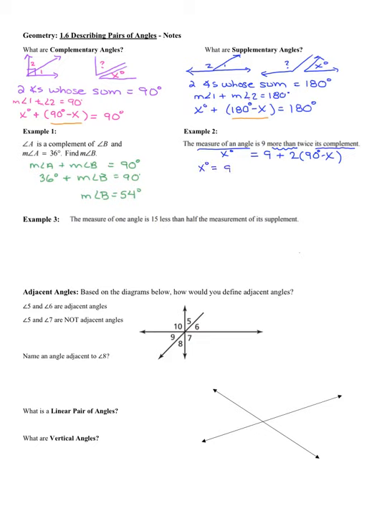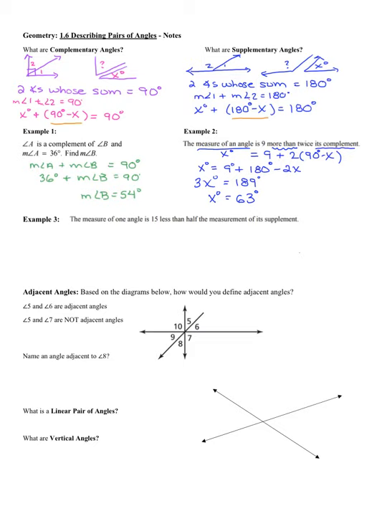X equals 9 plus, and we're going to distribute that 2, so that's going to be 180 degrees minus 2x. So we can add 2x to both sides. So 3x equals 189. And then what you would do, so 3 goes into 18 6 times, and it goes into 9 3 times.